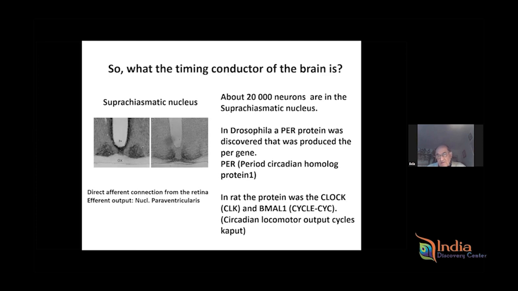So the group activity looks pretty different from the individual neuron. We notice this in our society as well.